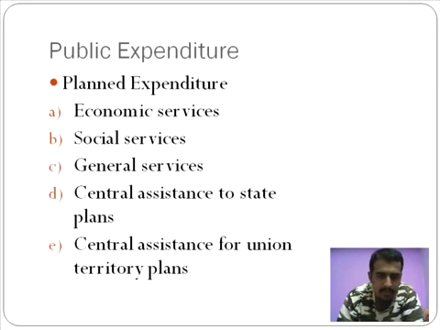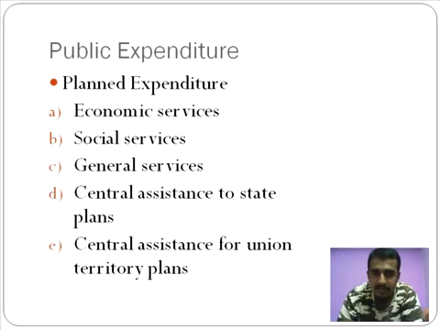Other examples of economic services include the construction of dams, laying out of highways, the tarring of highways, the construction of highways; all that gets categorized as economic services. Other activities which are considered planned are social services, the various poverty alleviation programs that you came across in the previous unit.